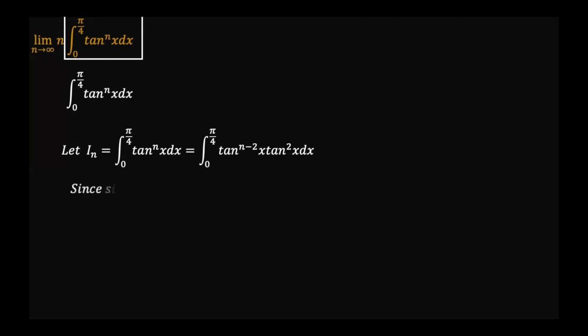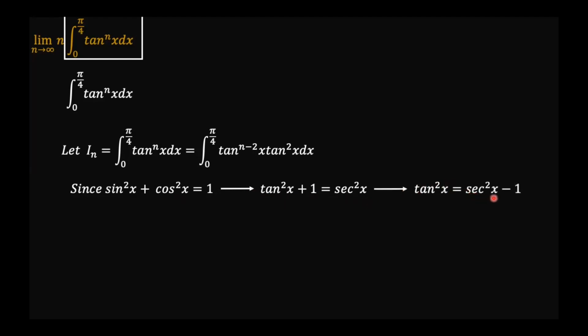If we go back to the identity sine squared x plus cosine squared x equals 1, and divide across by cosine squared x, we get tan squared x plus 1 equals sec squared x, such that tan squared x is equal to sec squared x minus 1.